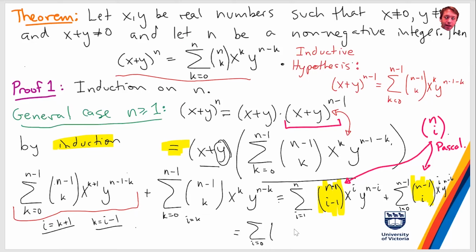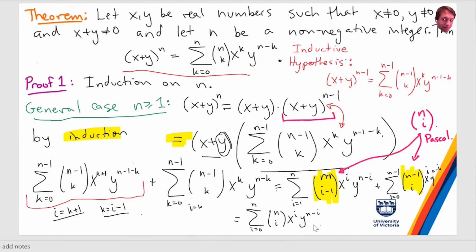That's Pascal's identity, which is what the poll was on at the beginning: n choose i equals n minus 1 choose i minus 1 plus n minus 1 choose i. When I combine all of this, you have to think a little about the boundary cases, but it does work. And you get n choose i, x to the i, y to the n minus i, which is exactly what we wanted, except written in terms of i instead of k.